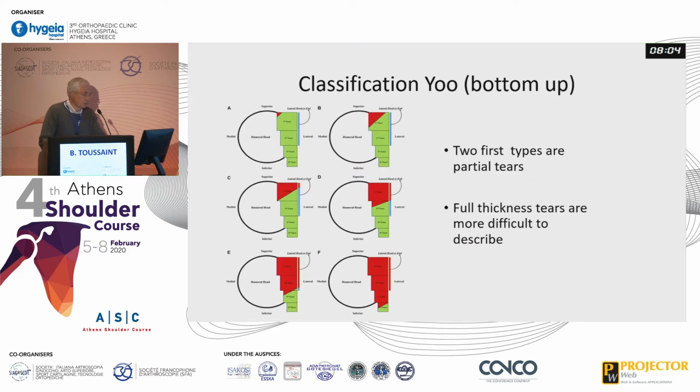The classification from Yo is very interesting because it describes the insertion of the superficial layer of the subscap into the biceps groove and the superficial layer or rotator interval.